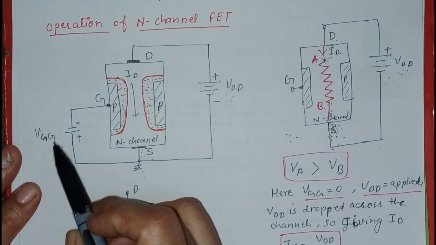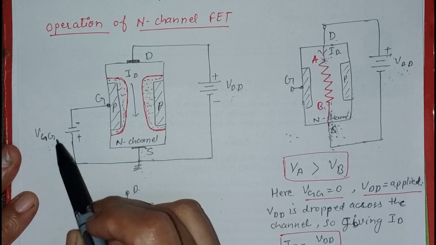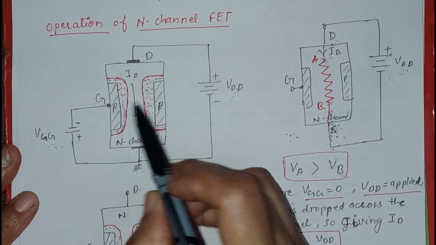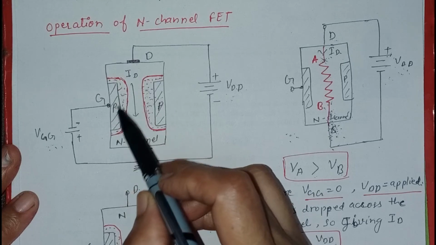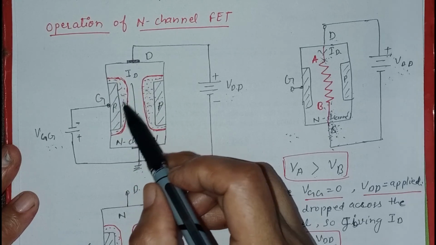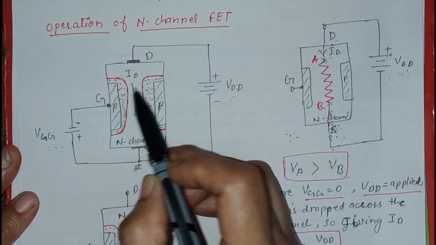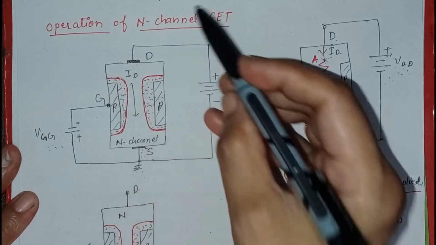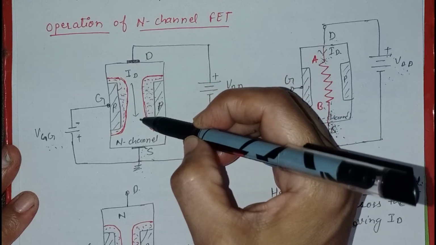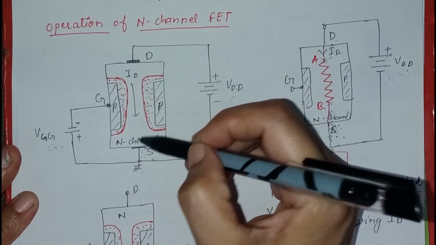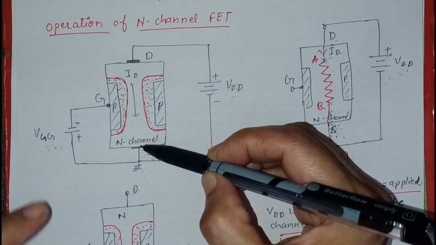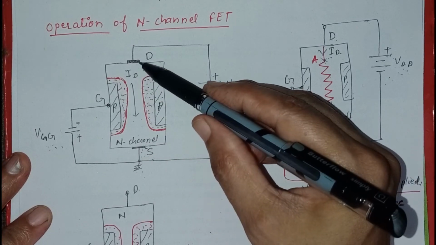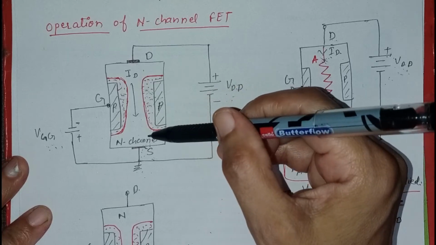Now we will apply a small voltage here, meaning VGG is applied. When we apply VGG, this reverse biases these two PN junctions. So there will be a depletion region, and the channel becomes narrower. So the drain current will reduce, as the number of electrons that flow from source to drain will be less, so the current ID will reduce.